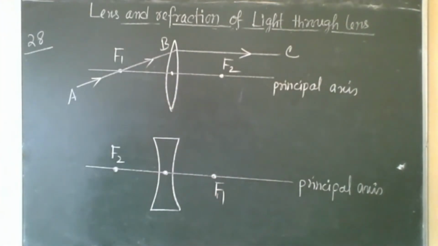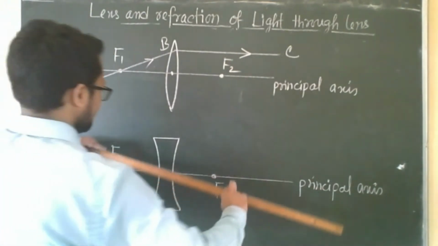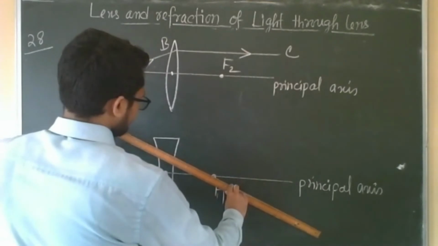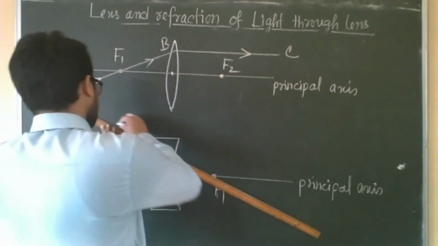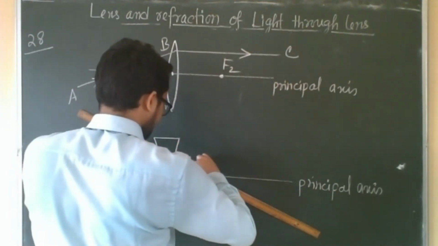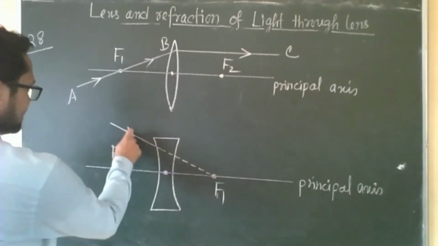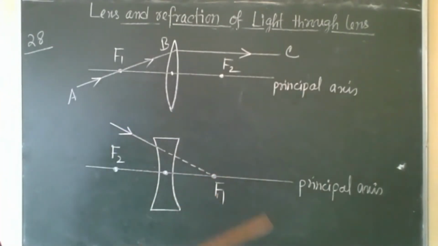Light is incident in such a way that if you extrapolate that light ray, it will pass through F1. In the book also, if you use a scale, you can check that it will pass through F1.